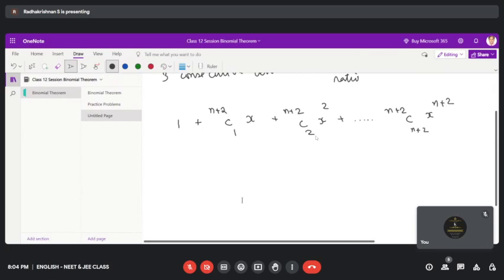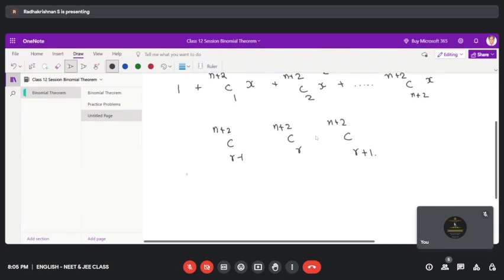So let us take the 3 consecutive terms as n plus 2 c r minus 1, n plus 2 c r, n plus 2 c r plus 1. Okay, so this is your rth term, r plus 1th term, r plus 2th term. So that doesn't matter. These are the 3 terms that we are taking: n plus 2 c r minus 1, n plus 2 c r, n plus 2 c r plus 1. Okay, so if we take these, the ratio is given as 1:3:5. That means n plus 2 c r minus 1 is to n plus 2 c r.